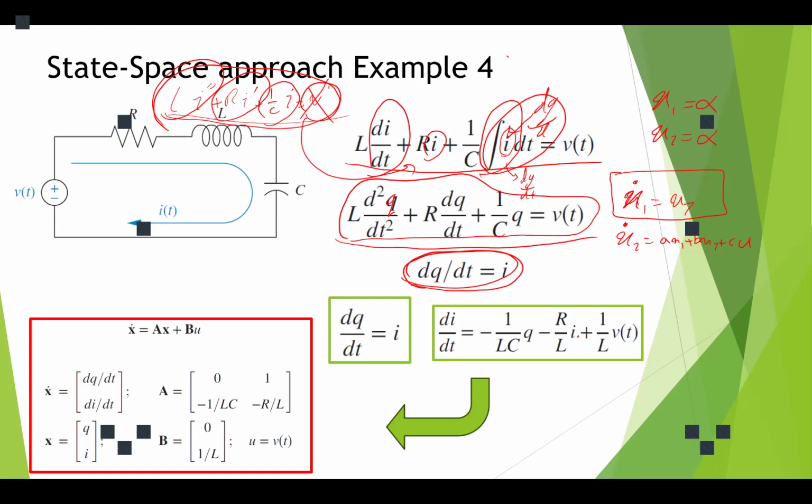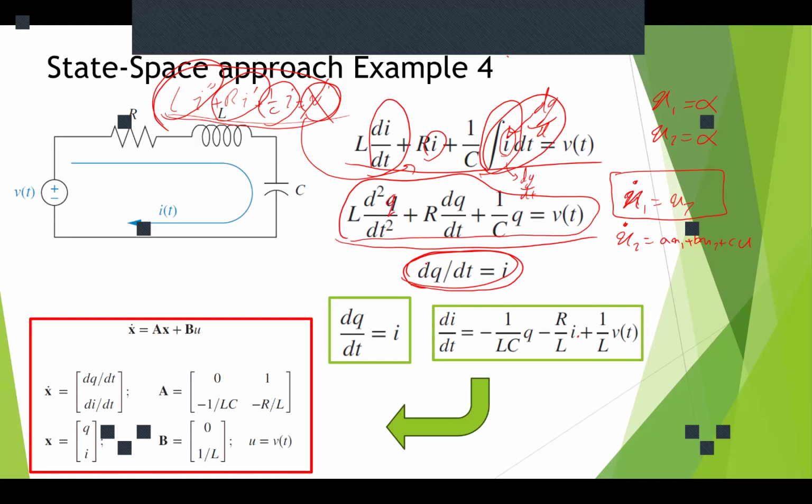This is basically the main purpose of using a state space. Is that clear? Now, let's go back to the circuit. Because we defined I as dq over dt, we can develop our second order differential equation and get rid of that integral. We are going to take advantage of that trick that we did.